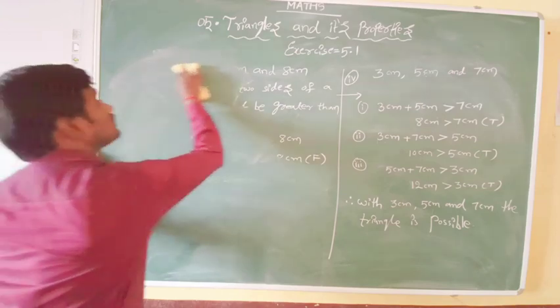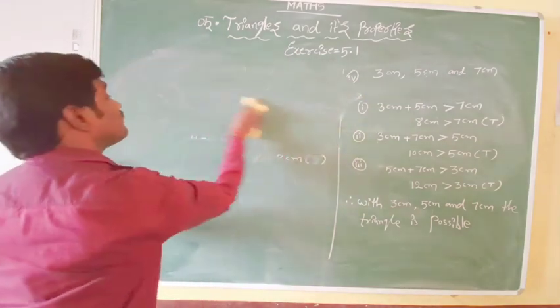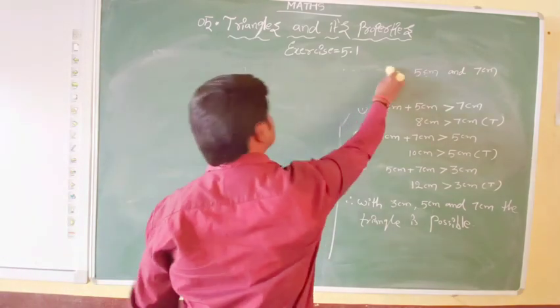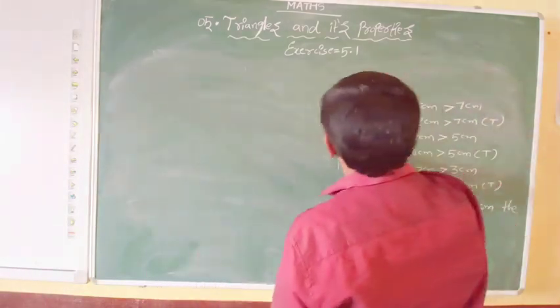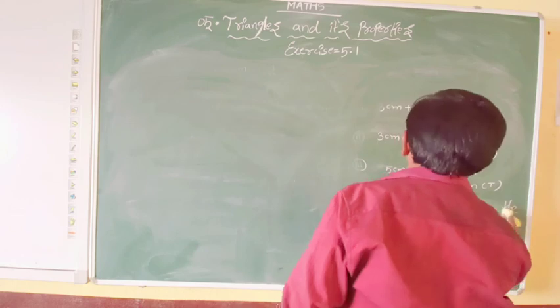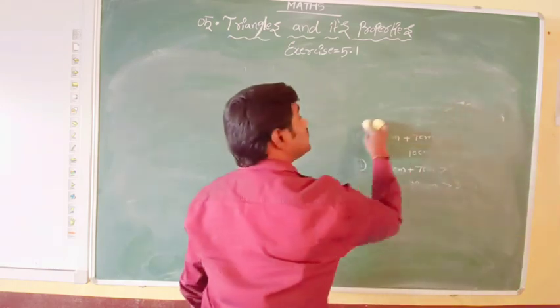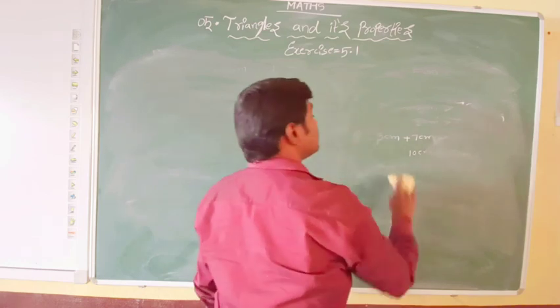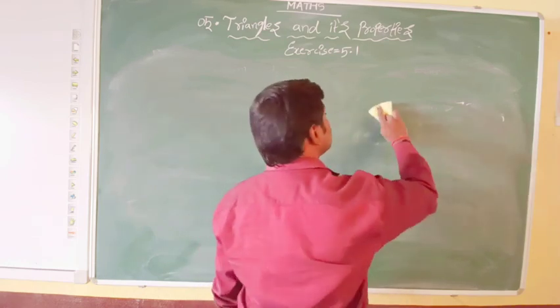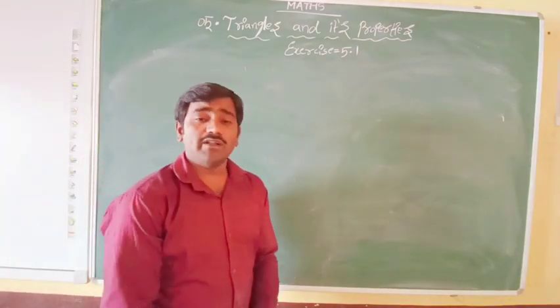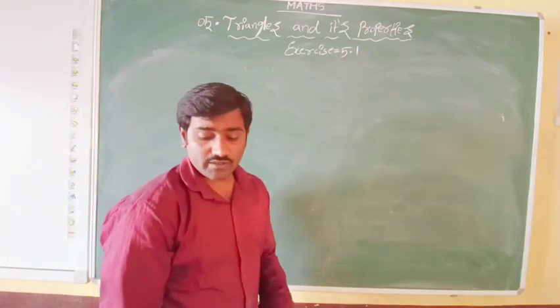We have some more exercises also. So we go for exercise number 5.2. In exercise 5.2 we are going to discuss the altitude of the triangle and also the median of the triangle. Some more important topics I will be discussing with you in this session.